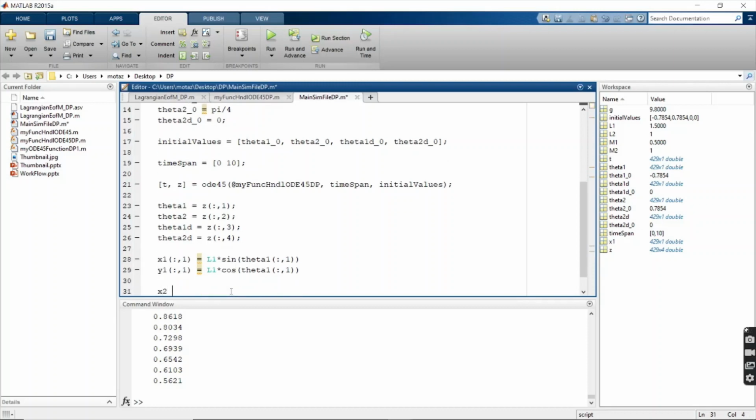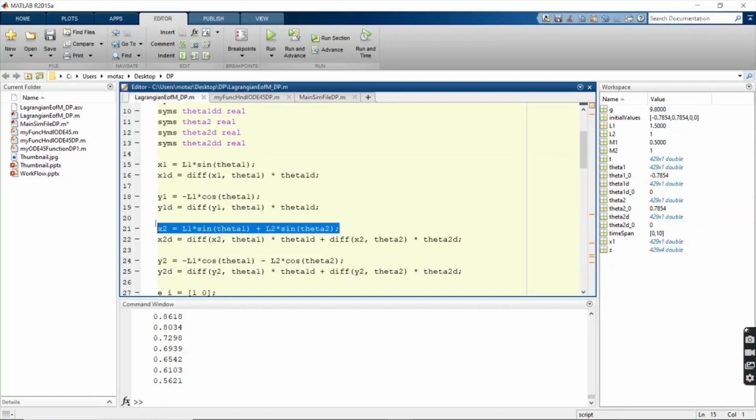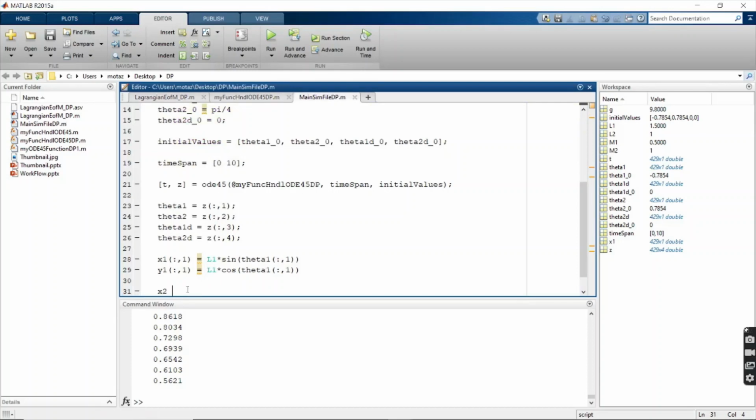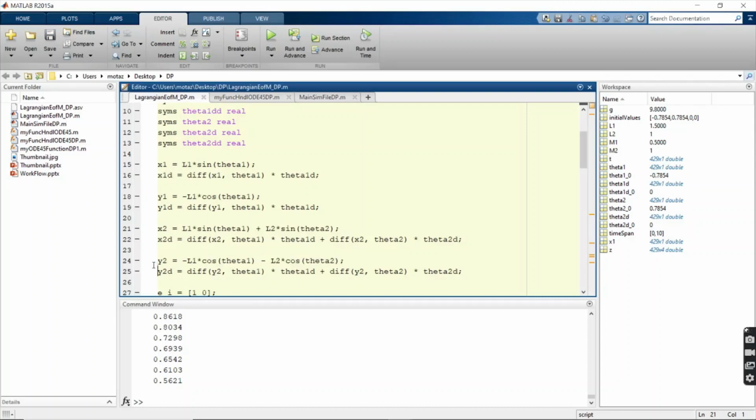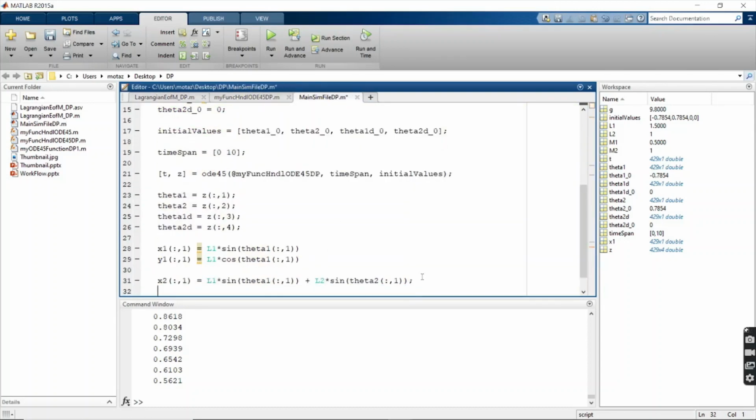And then x2, copy from here. And y2. Okay, and then run that.